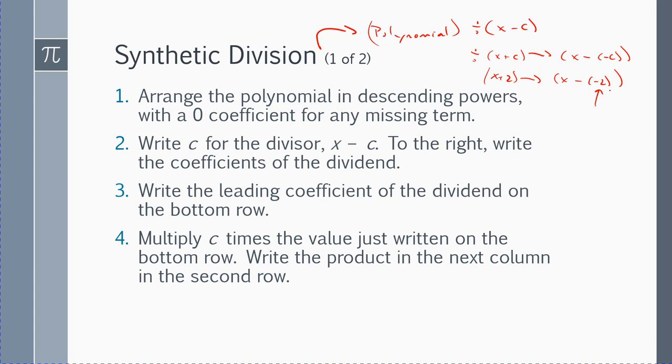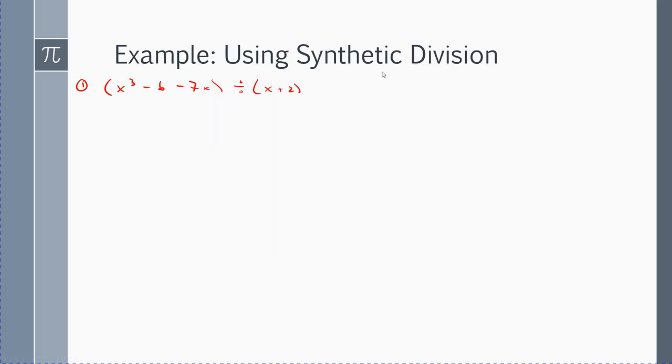All right, so the first thing you're going to do is take your polynomial and arrange it in descending powers with a 0 coefficient for any missing terms. So notice how I have x cubed here, so I'm going to start with x cubed. Do you notice how I have no x squared? So I'm going to write this as plus 0x squared, and then minus 7x.